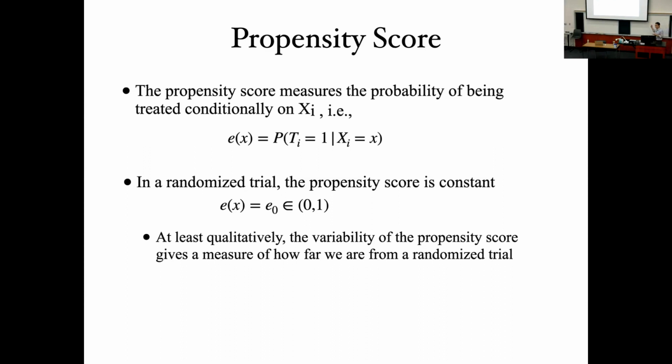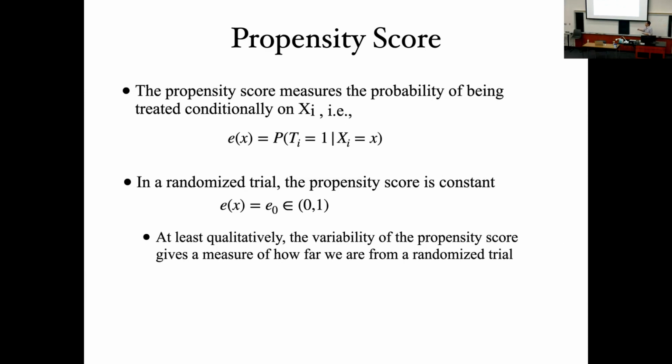You want to find a conditional distribution of treatment given the features. If you consider the original variable X right here, then you have this e, the function of the random variable X. Now this is a random variable, because a function of a random variable is a random variable. And this is just the propensity score.